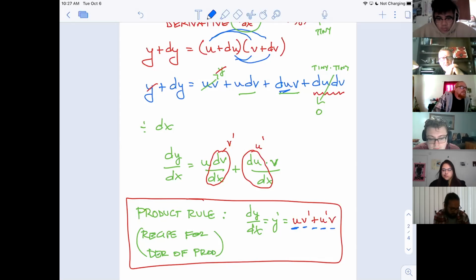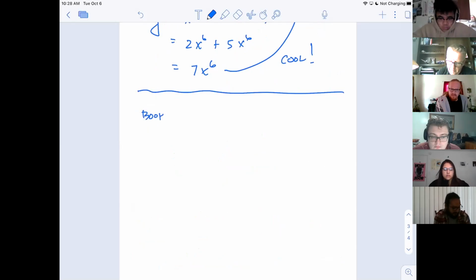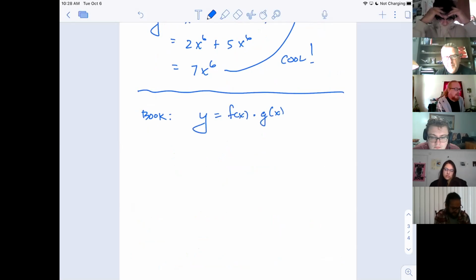But I just like this better because we're getting some conceptual understanding of where this comes from. And also, just because it occurs to me right now, your book is probably going to say it a little weirder than this. Your book probably says something like this: if you have y equals f of x times g of x, and that's not bad because they're telling you right there that those are functions of x.